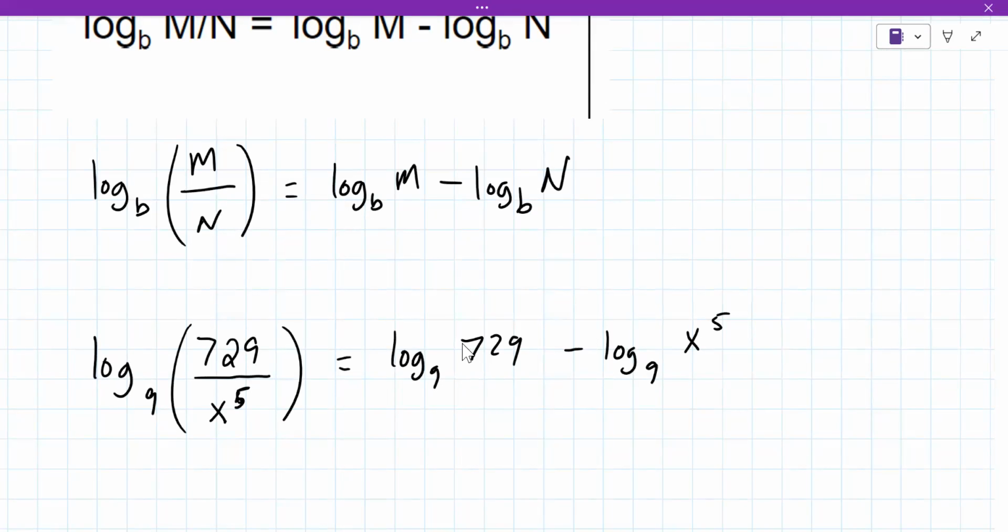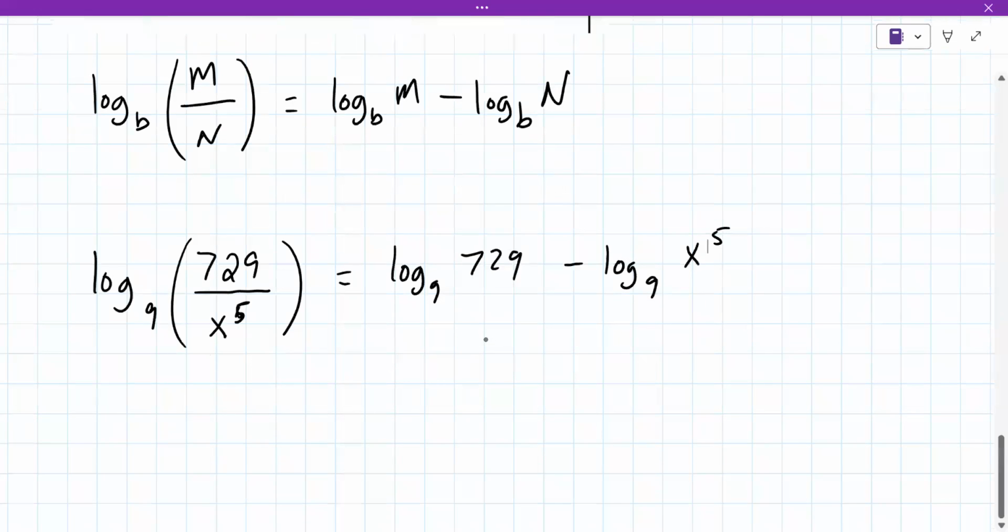Now, could you look and see if there's a way to write 729 as 9 to some power? No, I haven't, but I can check right now on Desmos. Great. It's good to know these exponents. They'll come up again in standardized tests, and you want to be quick with them. It would be 9 cubed. It is 9 cubed. Good.